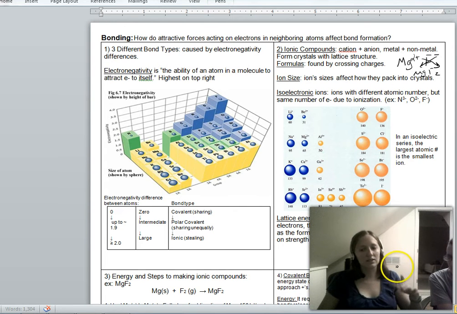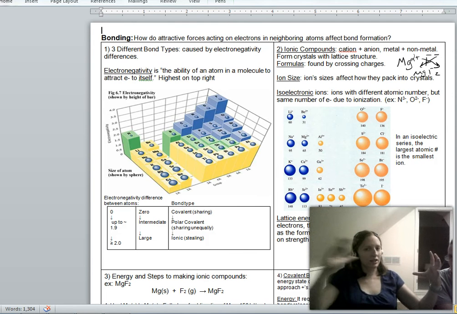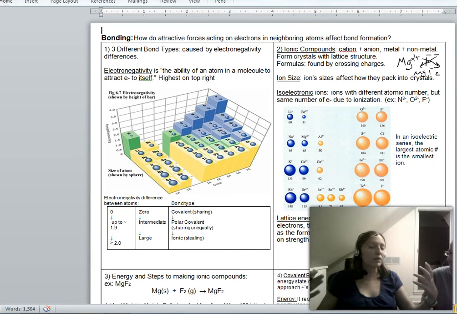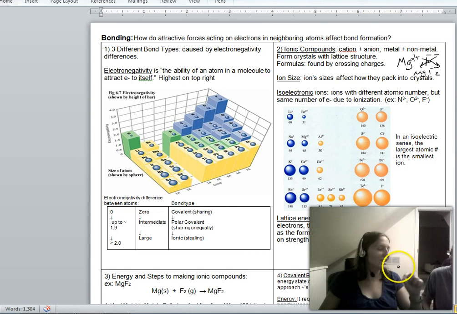That's one that actually makes sense because if you have a giant ion and a tiny ion, they can't actually get their centers super close together. They go bonk, bonk. So the bigger they are, the larger the radius, and then you're dividing by a large R. And when you divide by a large number, you end up with a small number. So if you've got teeny little ions, then you have a much larger lattice energy.